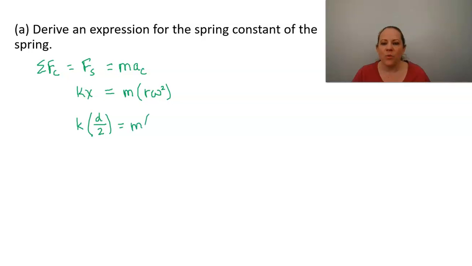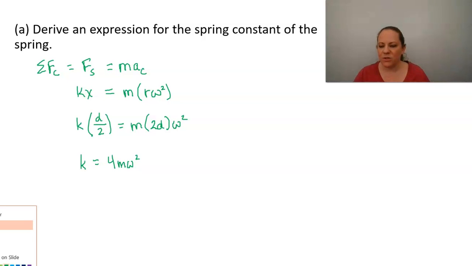And then the radius of the path that the block is following is 2d. So with all of our substitutions, we have k times d over 2 equals m times 2d times omega squared. So when we solve this for k, we are left with 4m omega squared.